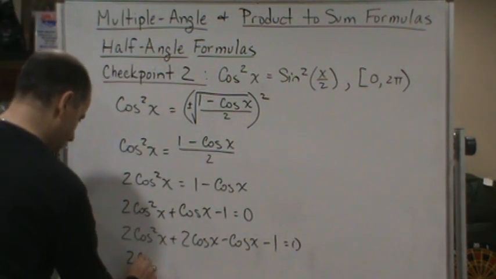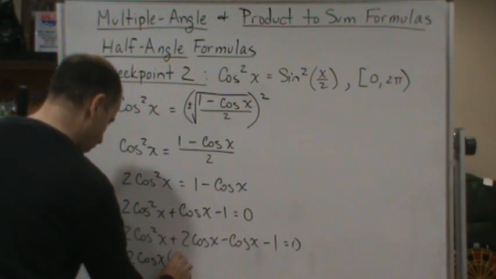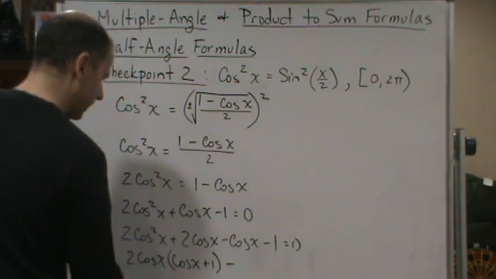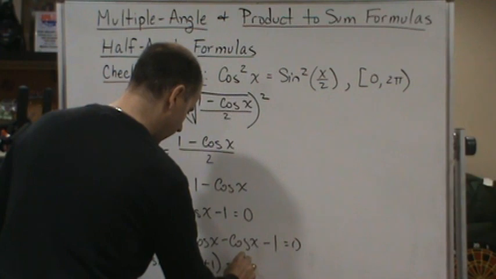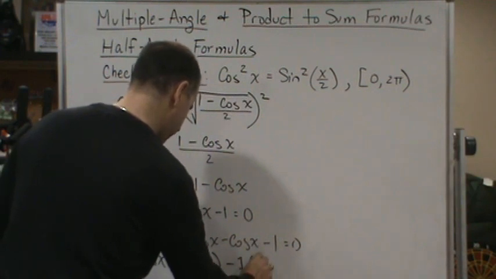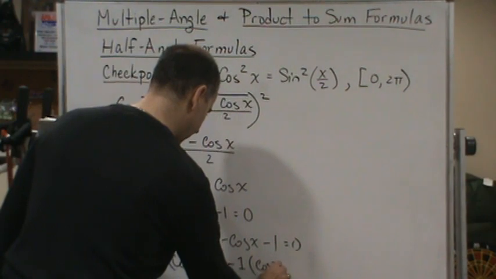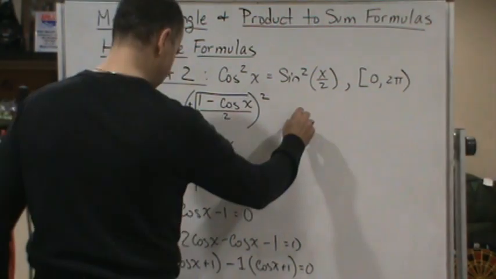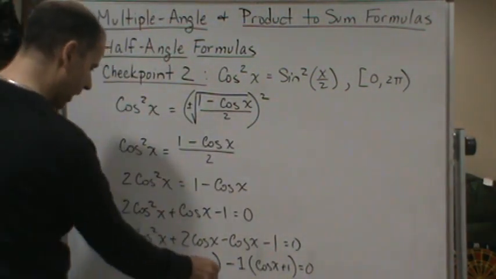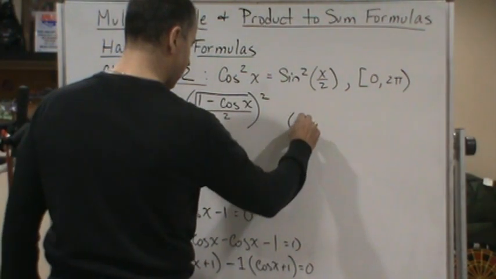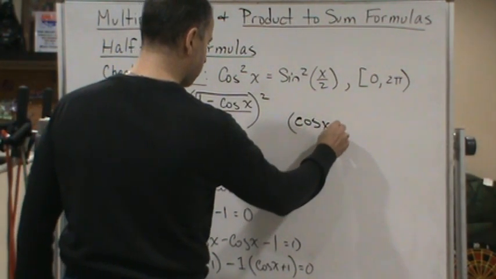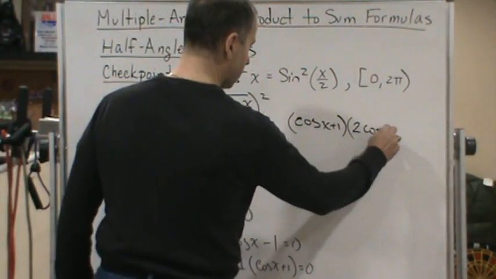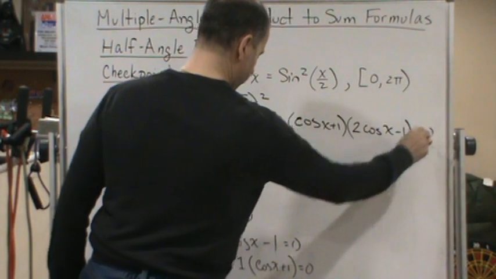So this is going to be 2 cosine x times the quantity cosine x plus 1 minus the quantity minus 1 times cosine x plus 1 equal to 0. So now I'm going to factor it again, and what do I get? I'm going to factor out a cosine x plus 1, and so I get cosine x plus 1 times the quantity 2 cosine x minus 1 is equal to 0.